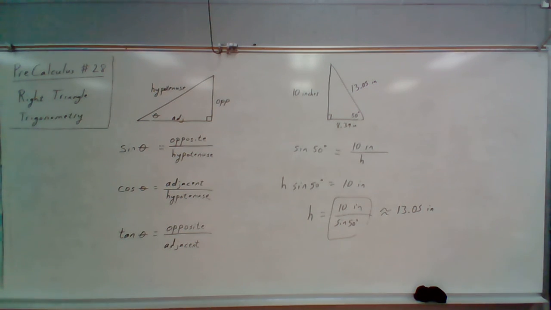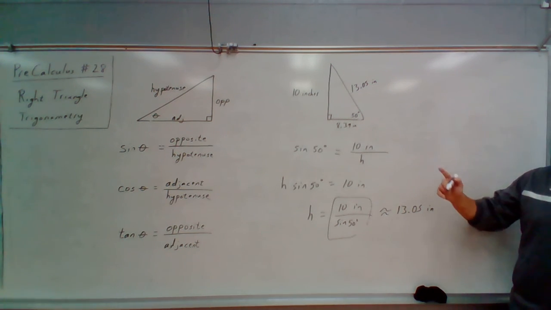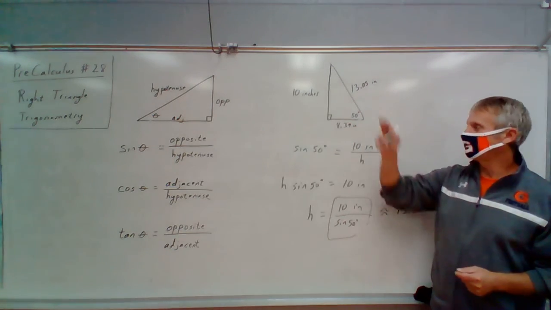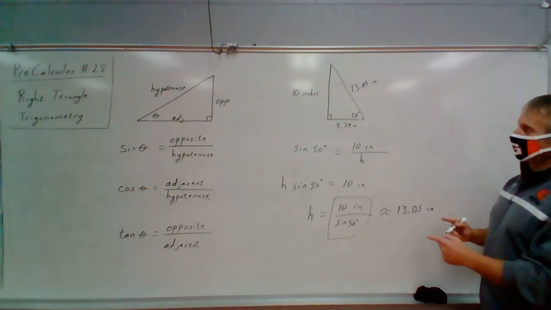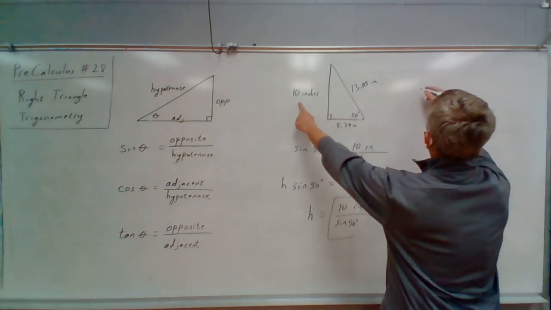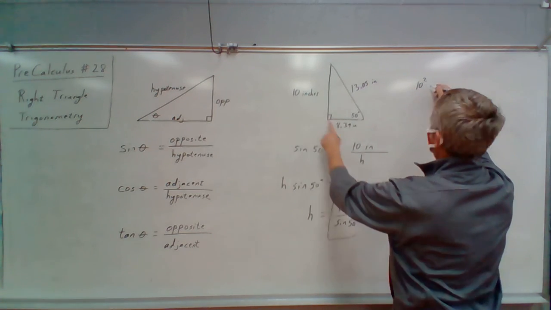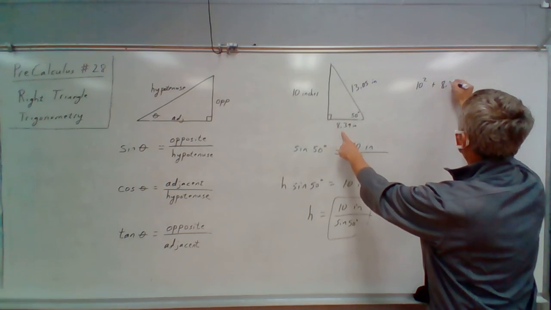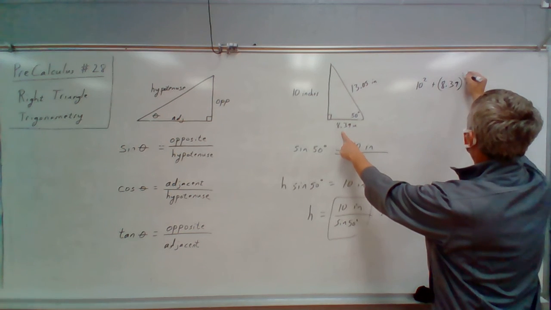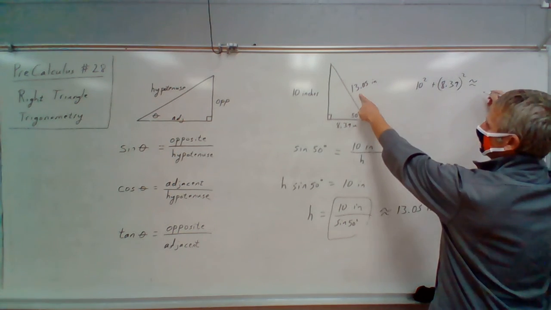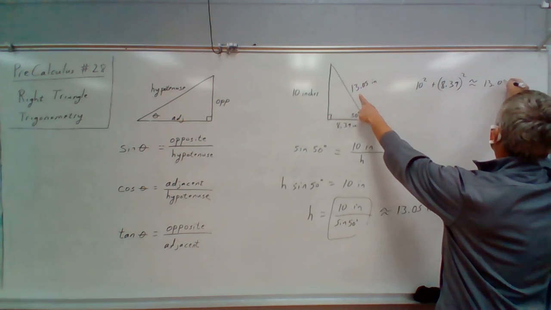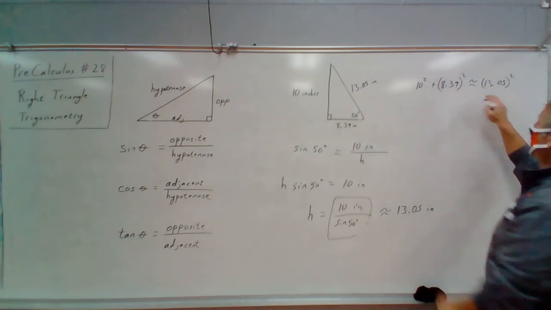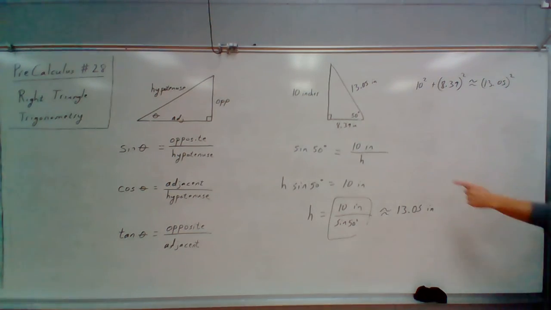All right, just for fun, let's check and see if these numbers really obey the Pythagorean theorem. So if these numbers are right, then 10 squared plus 8.39 squared should be approximately equal to 13.05 squared. Again, approximately equal to because these numbers are approximations.